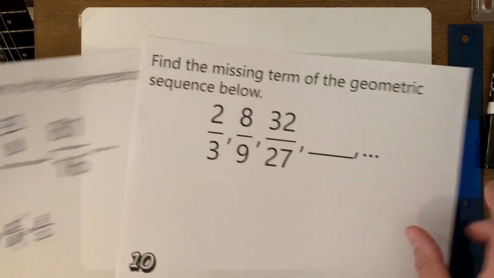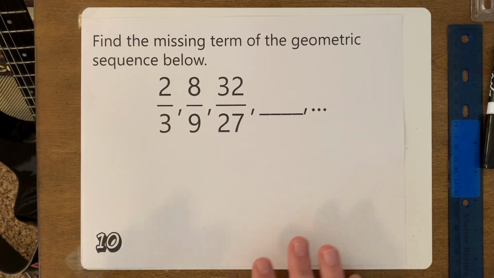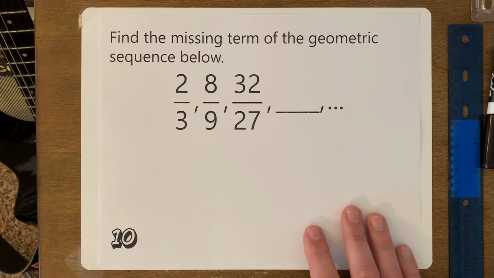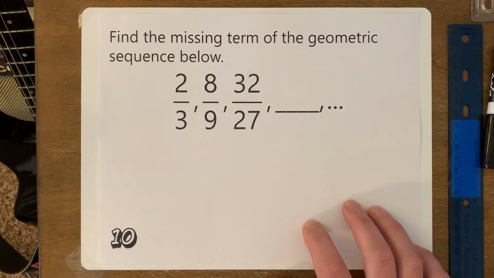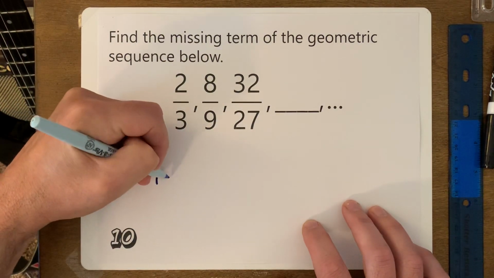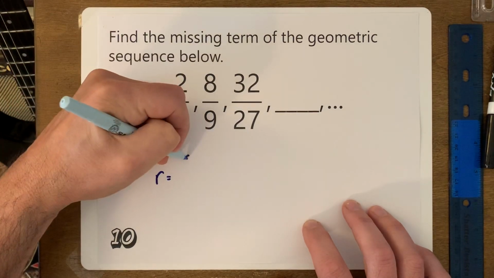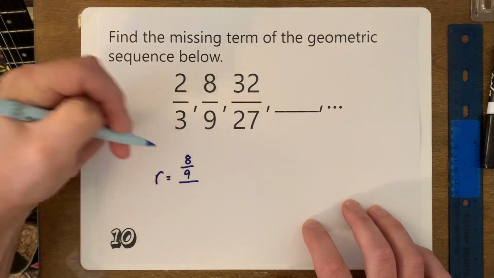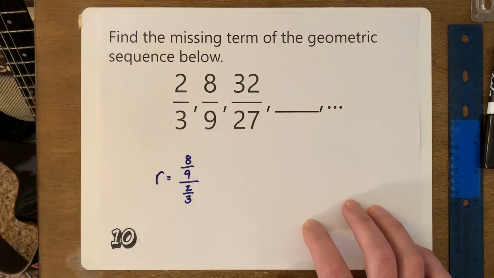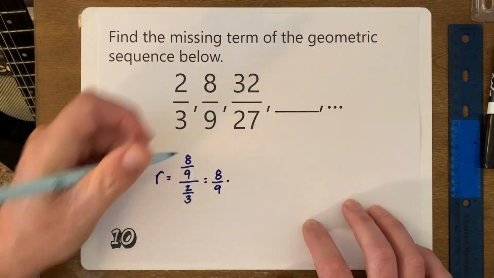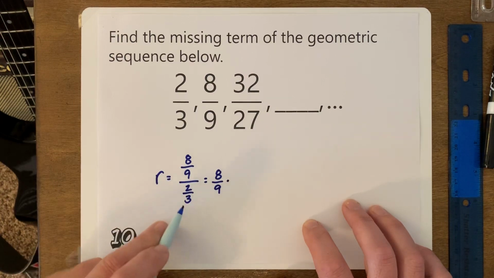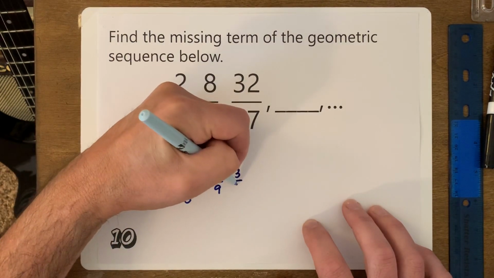All right. Here's another one. Okay, so this time we have 2/3, 8/9, 32/27. Again, we don't know what the R value is, so let's find the common ratio. So we're going to take 8/9, divide that by 2/3. So that's going to be 8/9 times the reciprocal, keep, change, flip, 3/2.